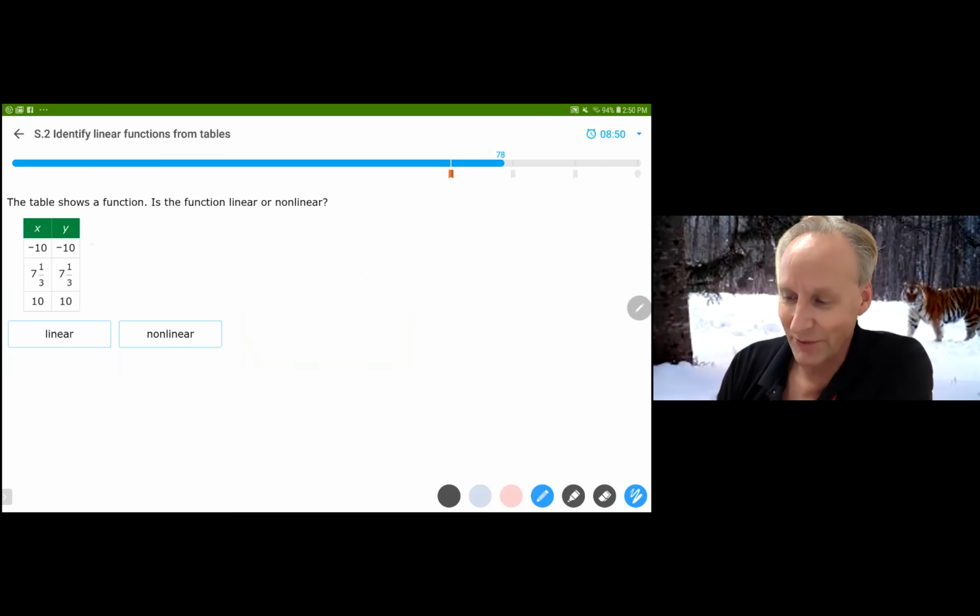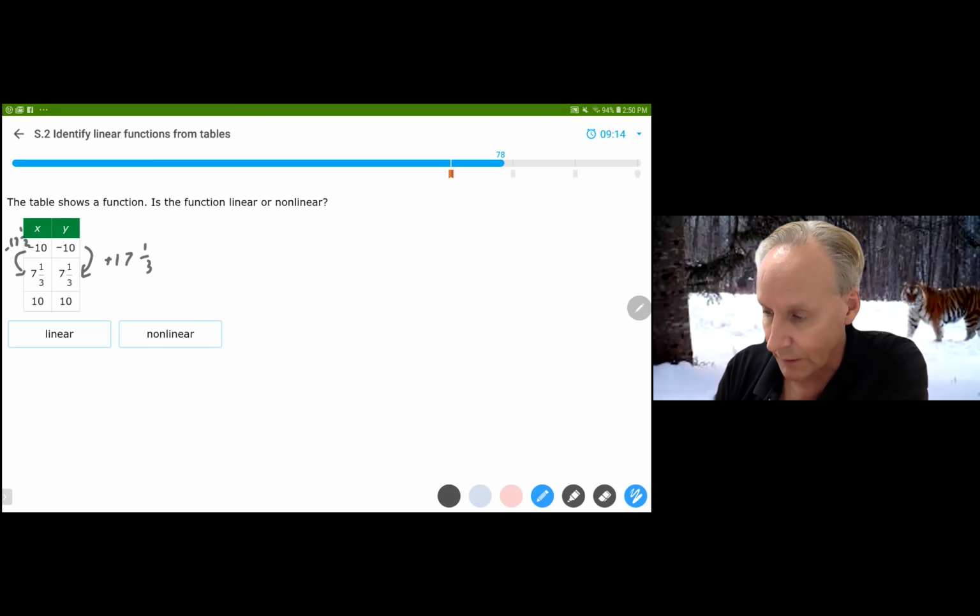I'm trying to think of an easier way to do this. Oh, this is interesting. From negative 10 to 7 1/3, I went up 17 1/3.